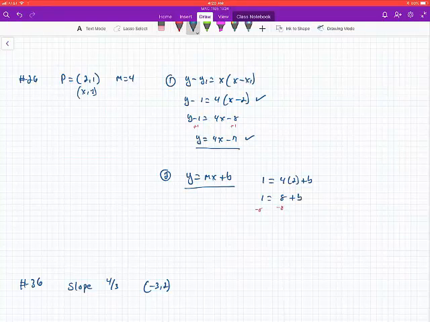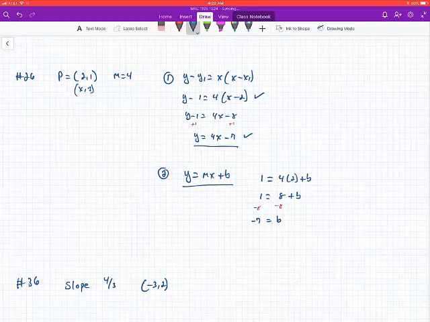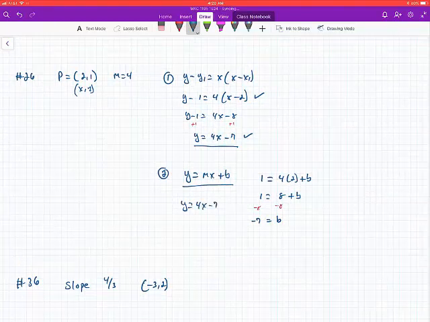It's just a different way of arriving at the answer. Then my b, which is my y-intercept, is equal to negative 7. And if I plug it back into my equation, y is equal to 4x minus 7. It's the same answer that we got when we did it this way.